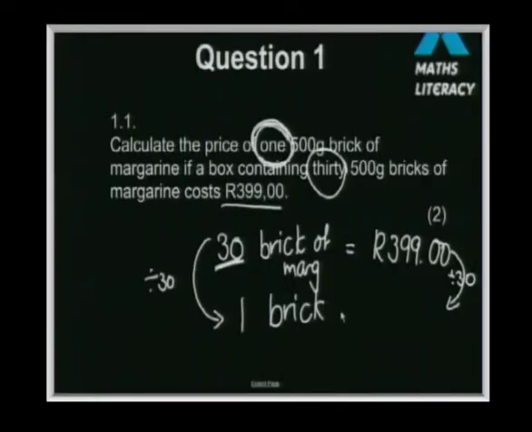So that's going to be equal to 13 Rand and 30 cents. It's also a good idea to see if that's a reasonable answer. Is 13 Rand 30 a reasonable answer for one block of margarine? It is probably a reasonable answer. If I'd got 130, I should go back and check that I'd done the right thing.